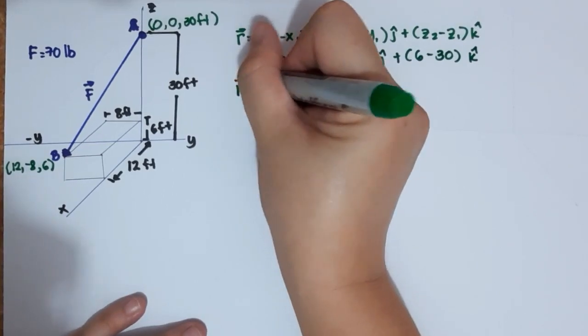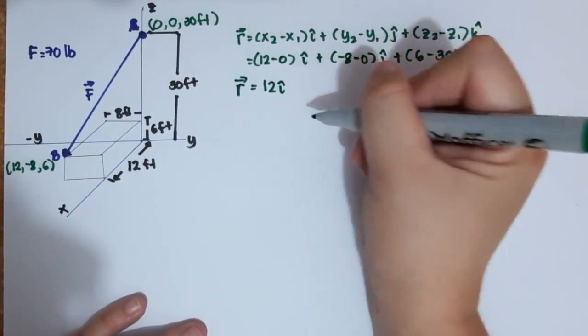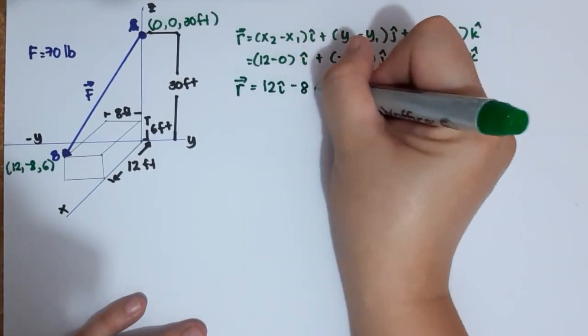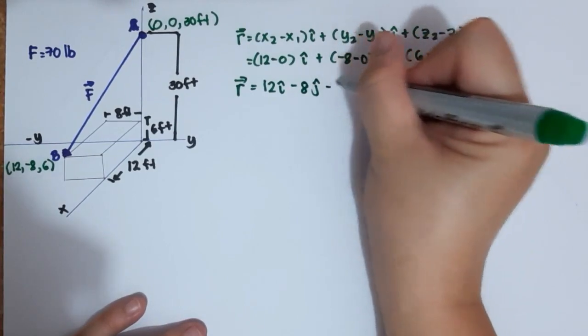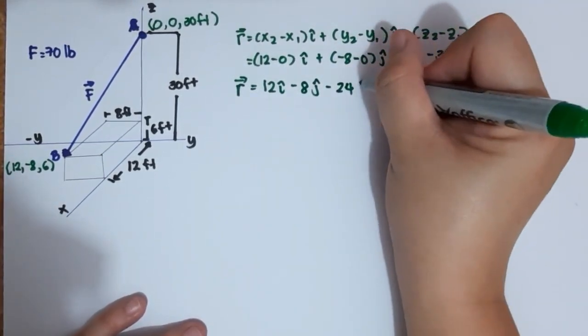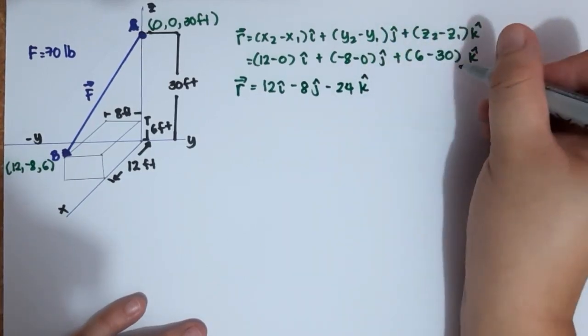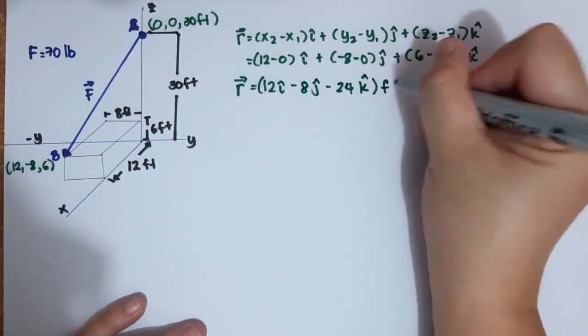Hence, my r now is 12 i hat minus 8 j hat, then minus 24, since 6 minus 30 is negative 24 k hat, and that is in feet.